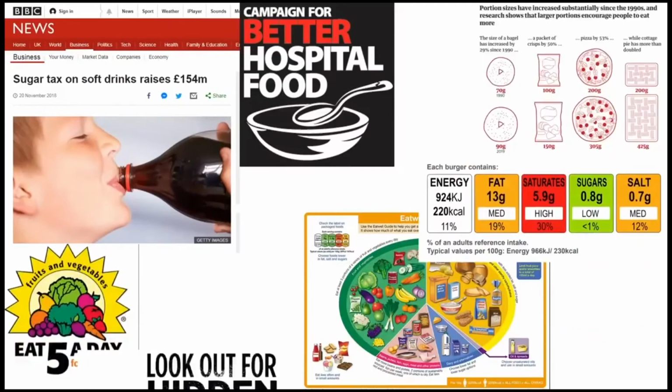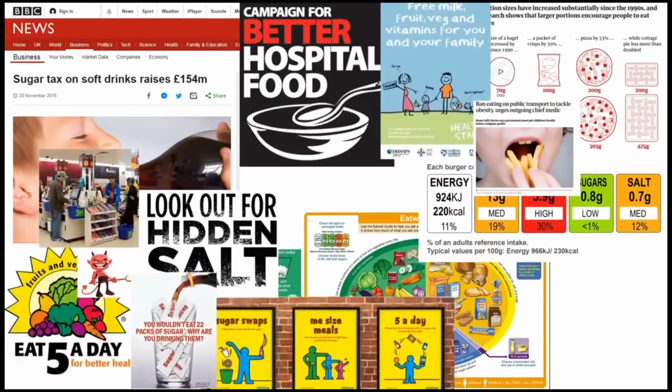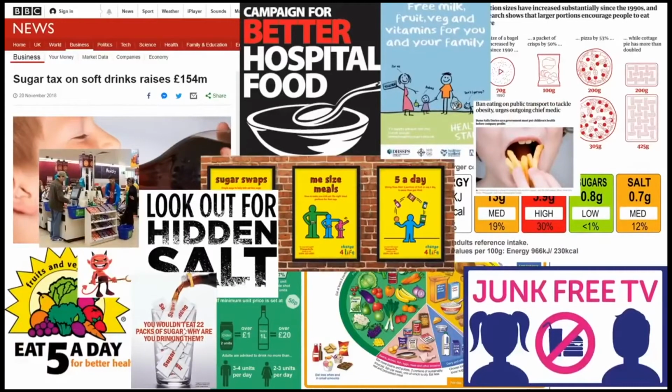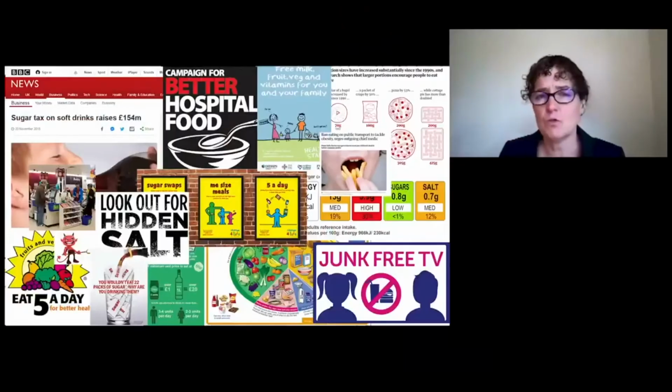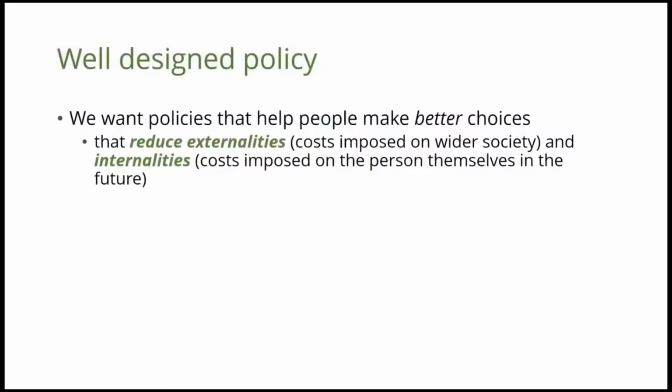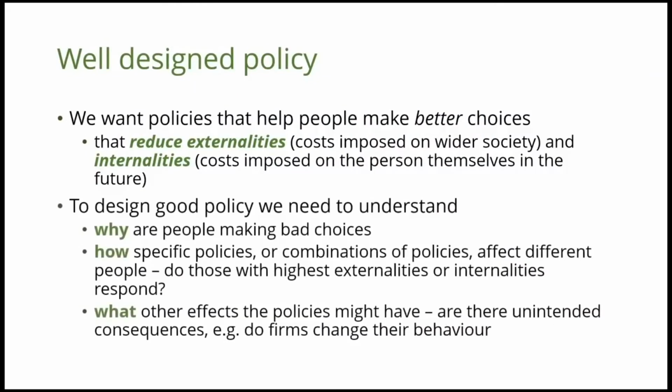This is a very active area of policy, with governments introducing taxes and subsidies on various types of foods, regulations on labeling, restrictions on availability, restrictions on advertising, and a host of government information campaigns. So we want policy that helps people make better choices, that reduces externalities and internalities.